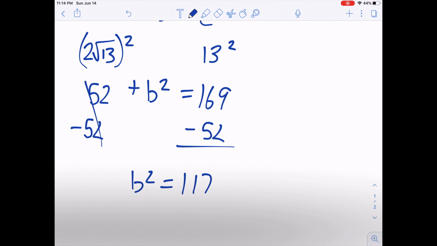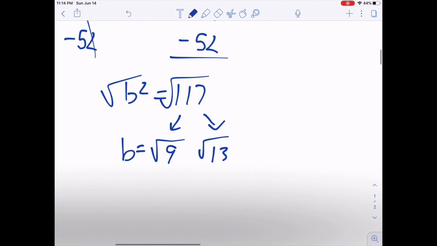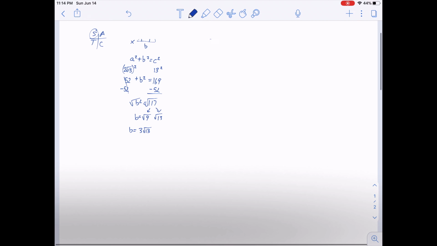We need to take the square root now. b is now equal to radical 9 and radical 13. So, as we know, radical 9 is a perfect square. So b equals 3 radical 13. We're going to leave the radical 13 alone.